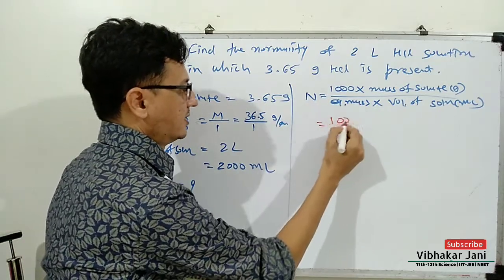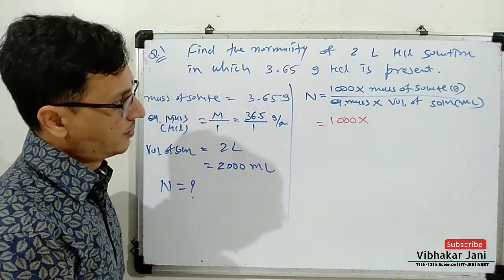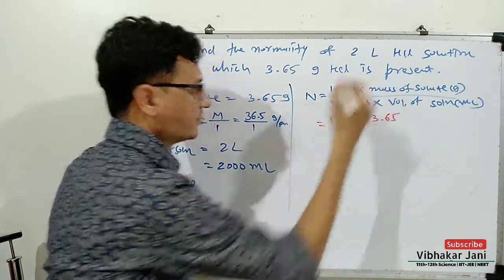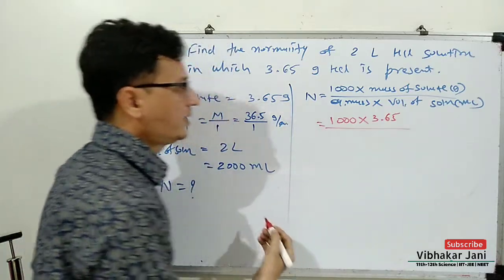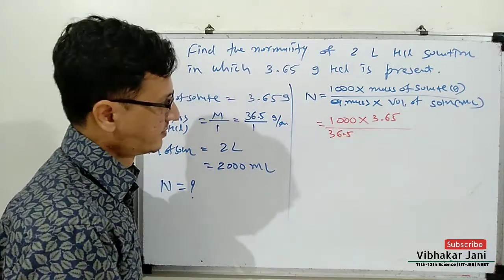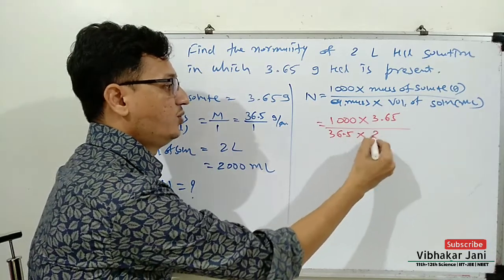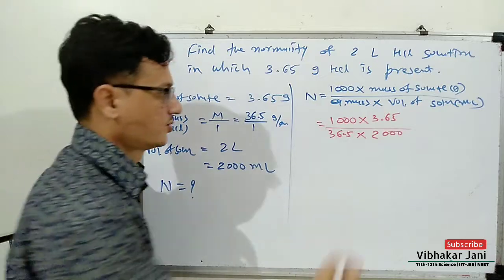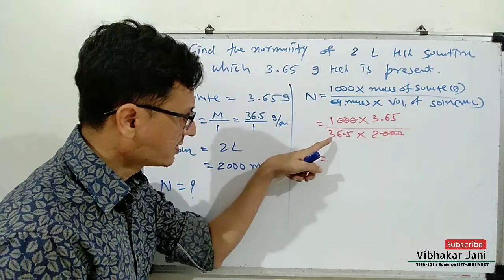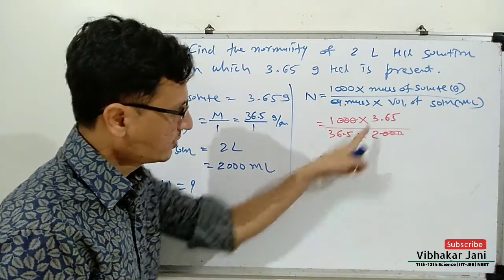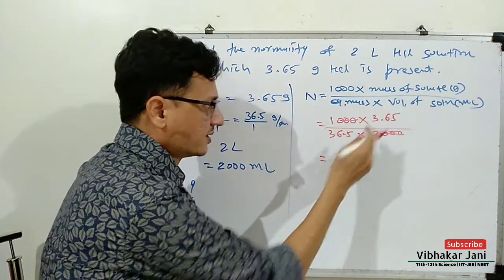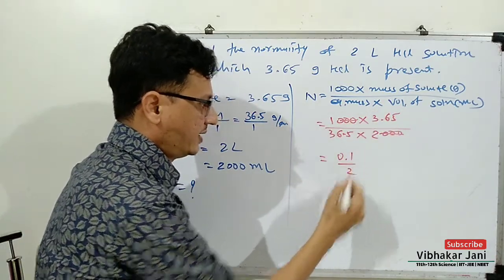So 1000 as it is multiplied by mass of solute, which is 3.65, and equivalent mass is 36.5, multiplied by volume of solution, that is 2000. So these zeros will be cancelled. Now if you look carefully, this is 3.65, this is 36.5. So this is a 10th part of this. So it will give us here 0.1 divided by 2.